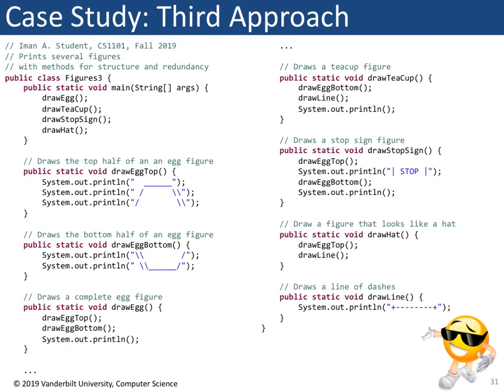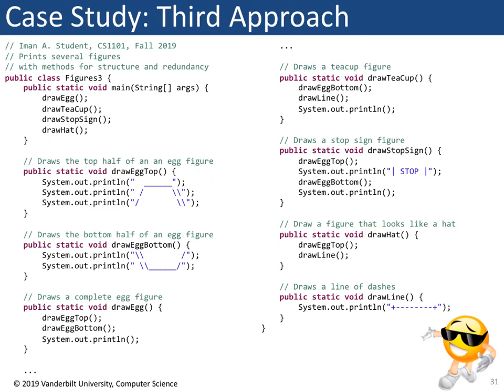The resulting program then has 7 methods. So we have draw egg top, draw egg bottom, draw egg, draw teacup, draw stop sign, draw hat, and draw line.